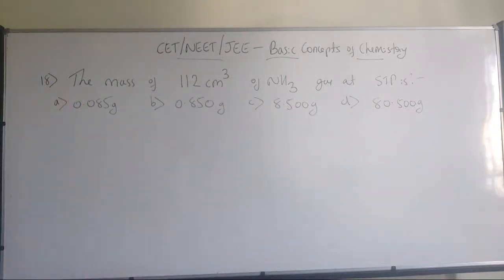The mass of 112 centimeter cube of ammonia gas at STP is option A 0.085 grams, option B 0.850 grams, option C 8.500 grams, and option D 80.500 grams.